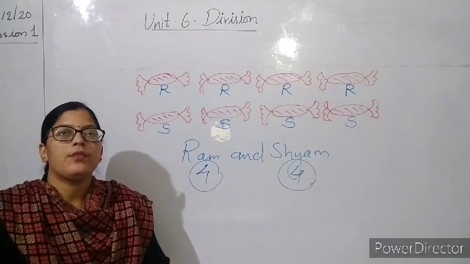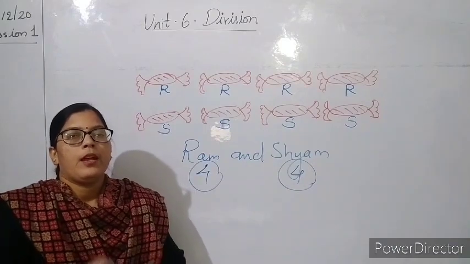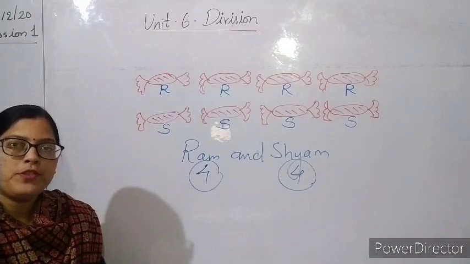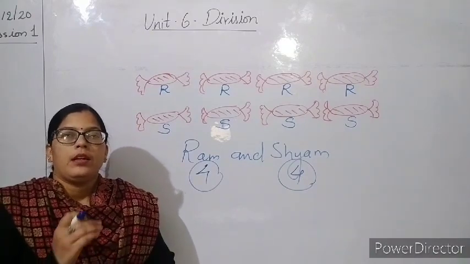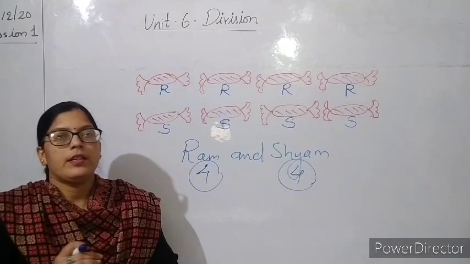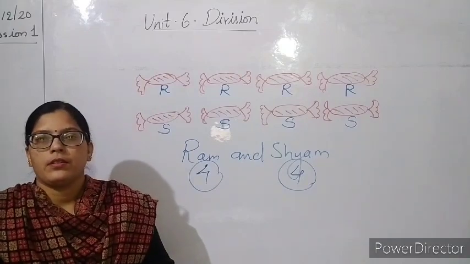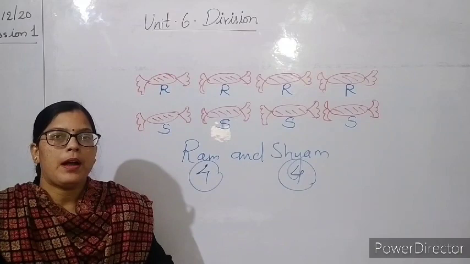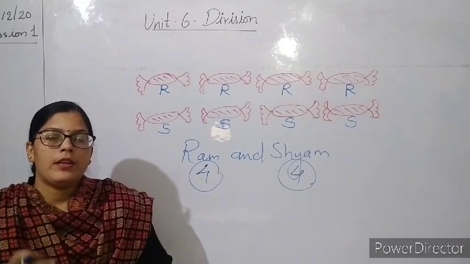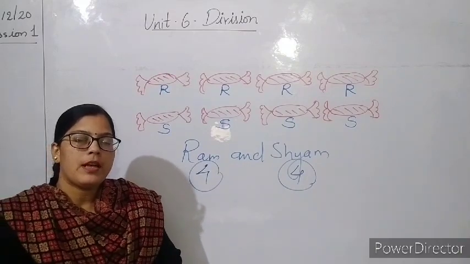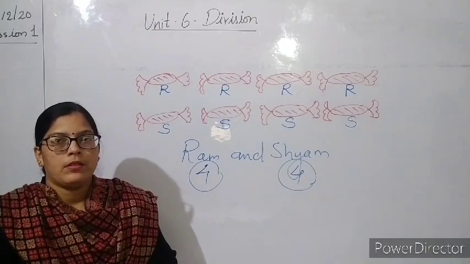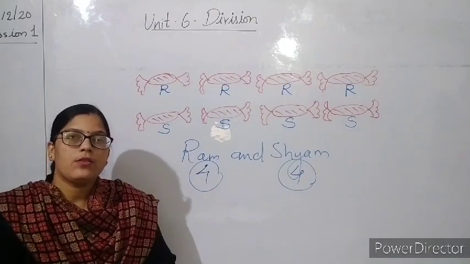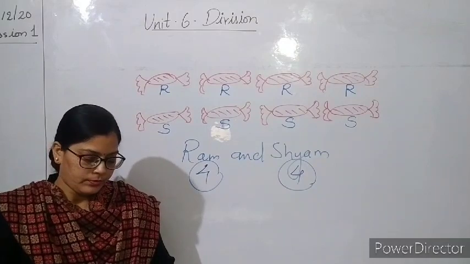Division means equal sharing. When the number of objects or things are distributed equally, it is called division. Okay, distributed means bantna. So when the number of things or objects are distributed in equal numbers or equally, it is called division.